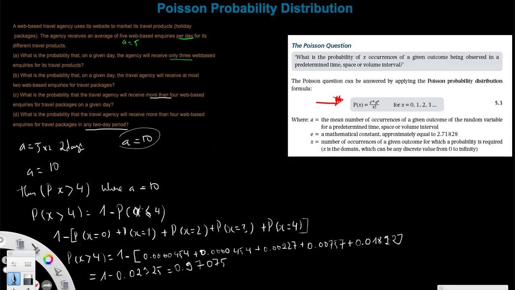Okay, so I've worked out the probability of all these individually, and these are the values here that you see right on top. And what I did, I just subtracted the sum of all these from 1.